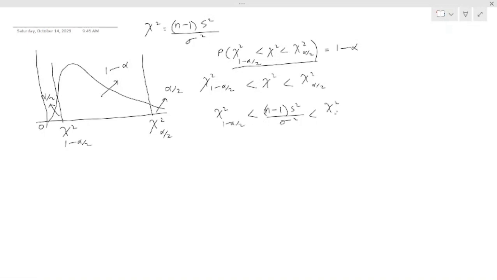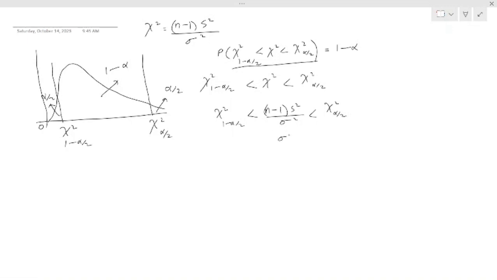Now we notice that currently sigma square, which is the population variance, is in the denominator, and we need to move it to the numerator. So we'll take a reciprocal throughout this inequality so that sigma square, the population variance, is moved to the numerator.